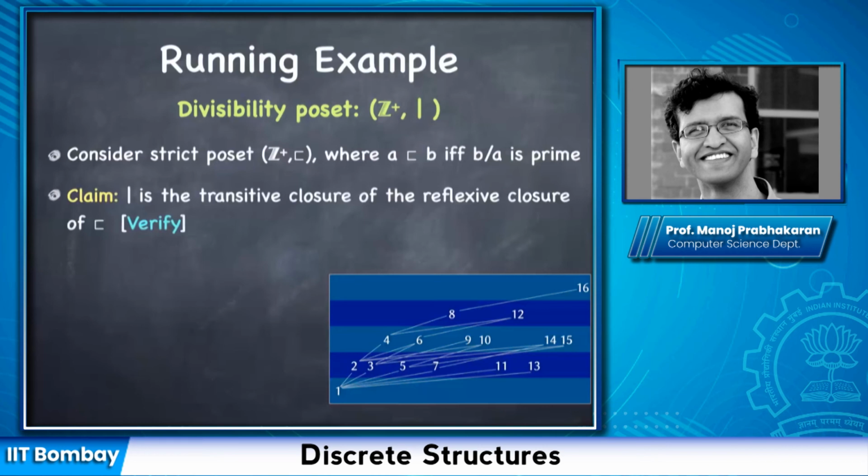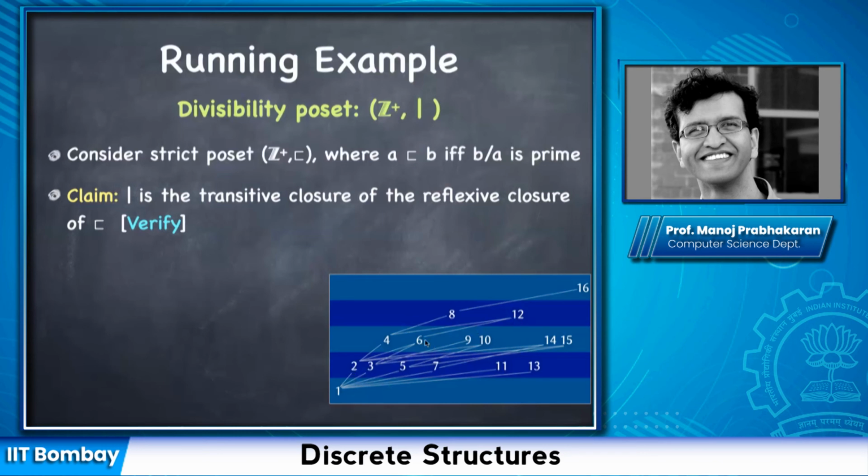I'm claiming that if I took the transitive closure of this new relation, you would actually get the original relation. Even if I took B and A such that B divided by A is not a prime, I could consider B divided by A as a product of a bunch of prime numbers, and then use that to find a path in this new relation connecting A to B. So in the transitive closure, I would have edges like 2 to 12, right?